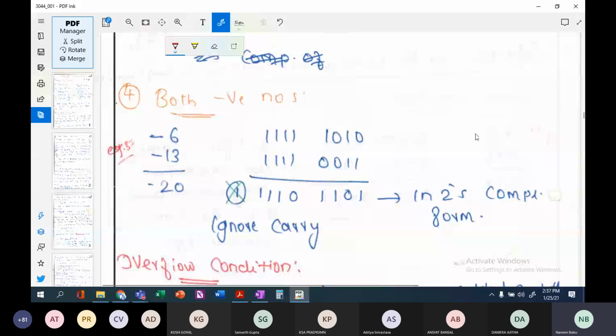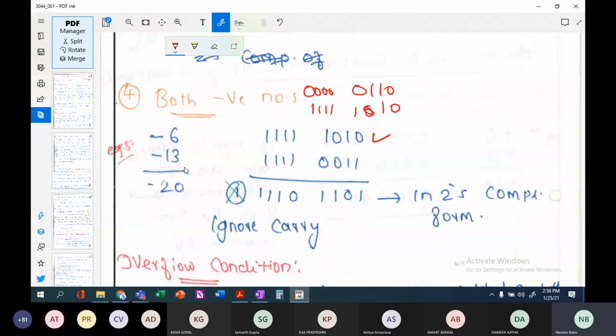Then again, the 2's complement of 6: 0 1 1 0 is the actual binary representation of 6. So the 2's complement will be copied till the first 1, 0, and then the rest is complemented. 1, 1, 1, 1, 1, 0, 1, 0 is -6.